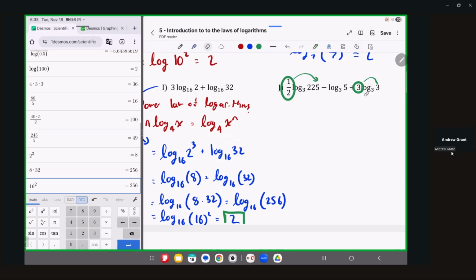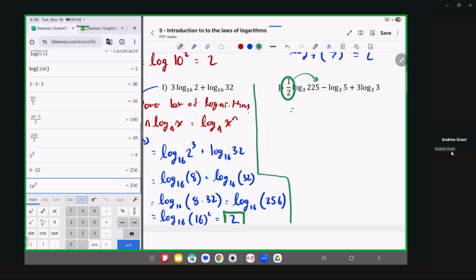Actually, in this case, we don't actually want to do that for the second one. The reason being is we have log base 3 of 3. That's just going to be 1. So this will just be a plus 3 at the end. So we don't really need to include that part in. Like I said, if you didn't do that, you could still include it in. Your answer would just be slightly larger.